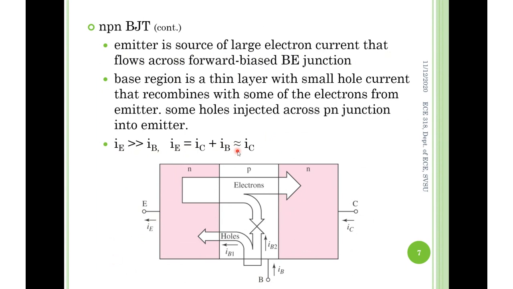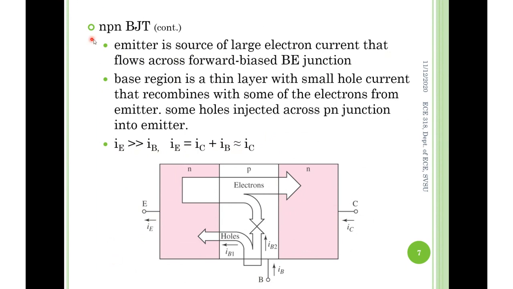Remember today's lab? IB is in what? Microamperes, right? IC is in what? Milliamperes, right? That's a big difference.